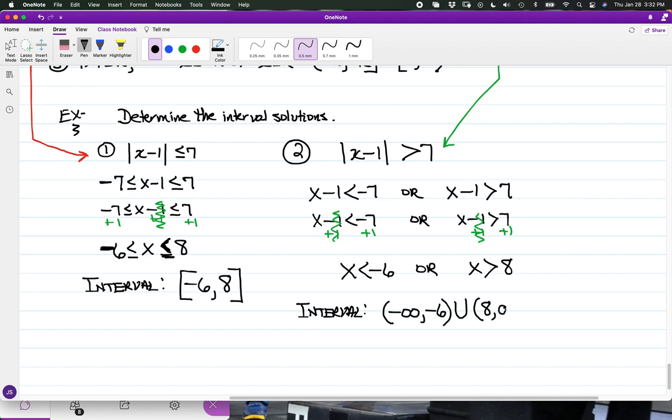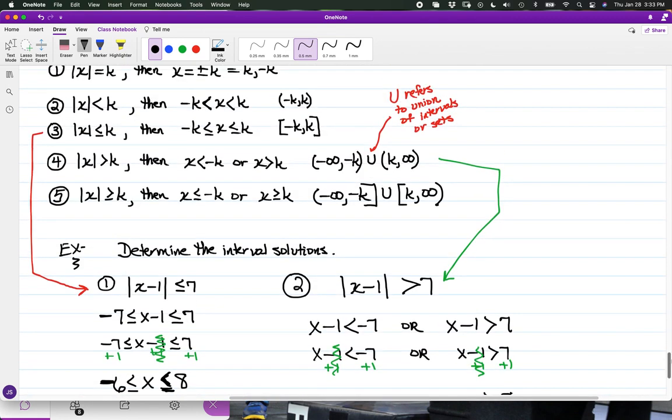Then we have going all the way out to approaching infinity. Okay, and so that would be the interval solution for this particular inequality statement. And just some items to mention: again, that U symbol refers to the union of intervals or sets.